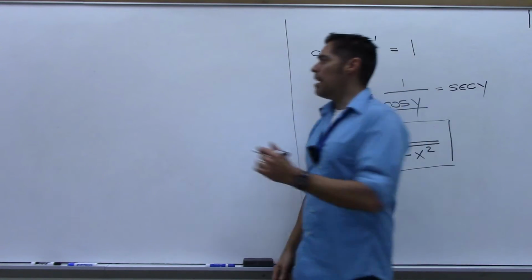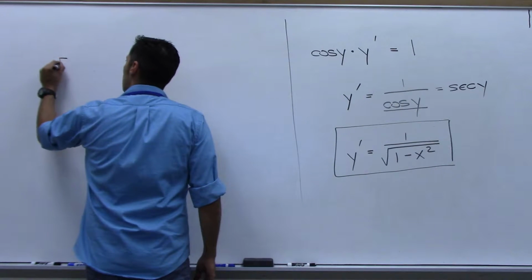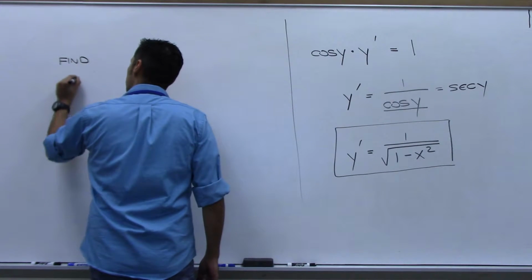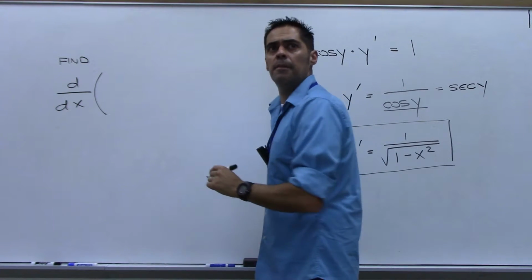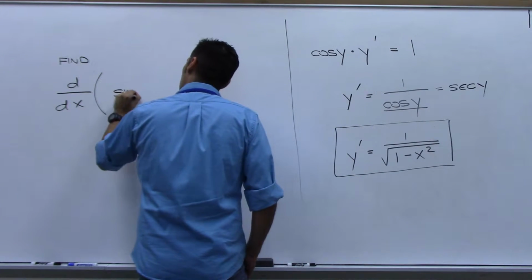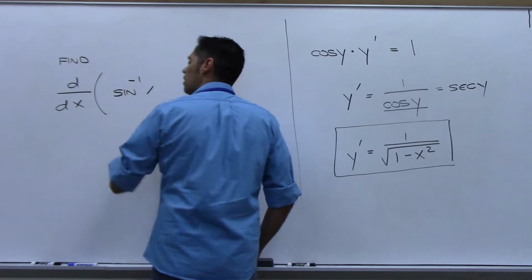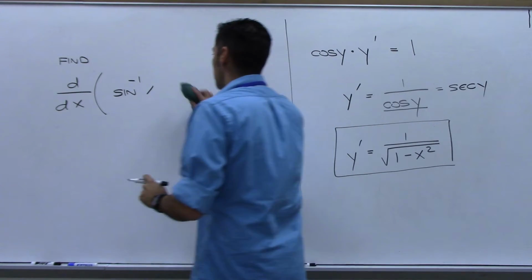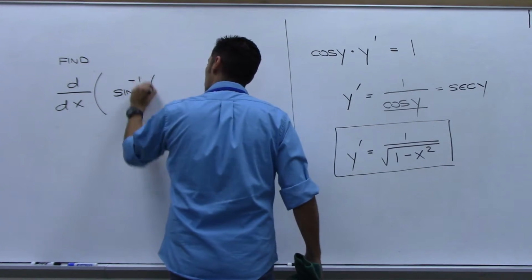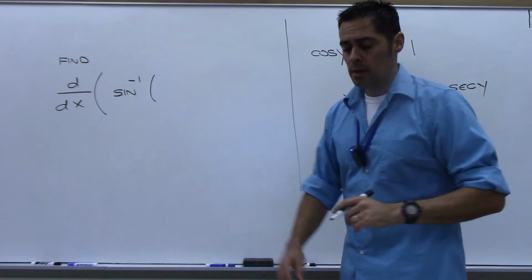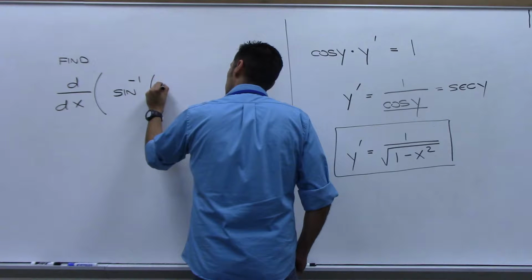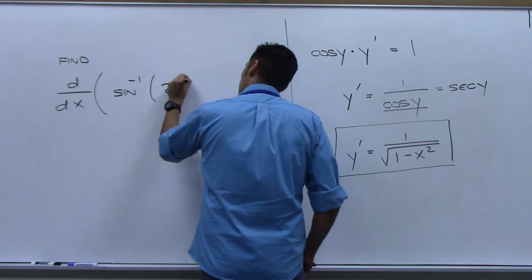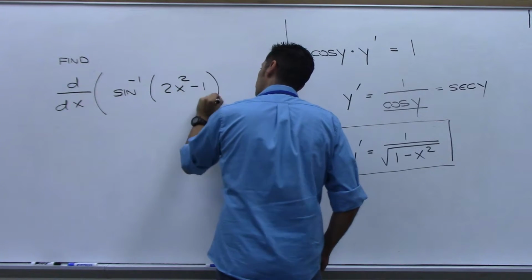So on the next example, we have: find the derivative with respect to x of... I want to change this problem up a little bit. Instead of x squared plus 1, let's do 2x squared minus 1.